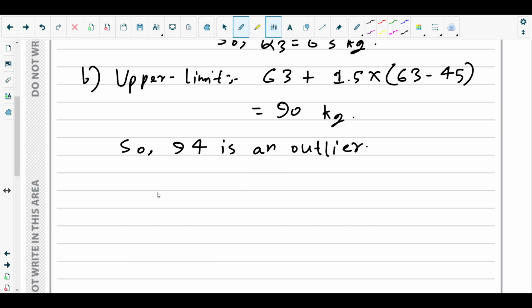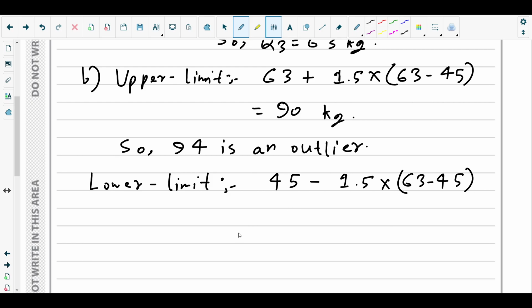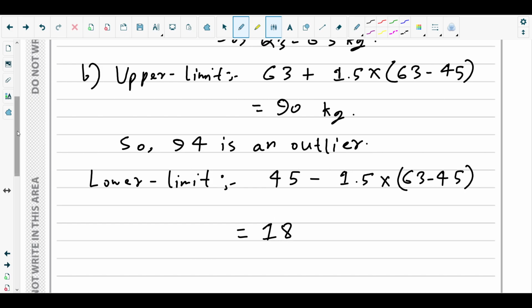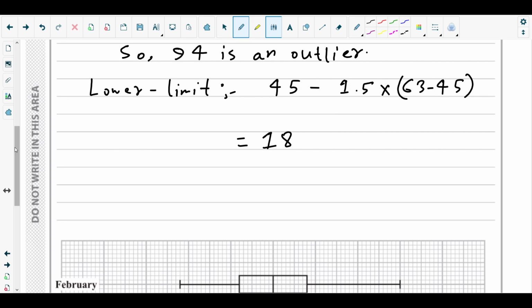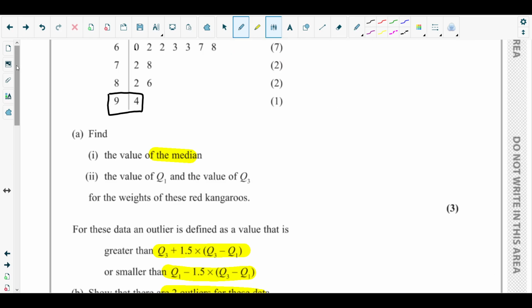Okay, now consider the lower limit. We need to show that there are two outliers in this data. So this is 45 minus 1.5 times (63 minus 45), right? So what would be the value? 45 minus 27, this is basically 18. So lower limit is 18. Okay, so let's see whether there are any values below 18 or not.